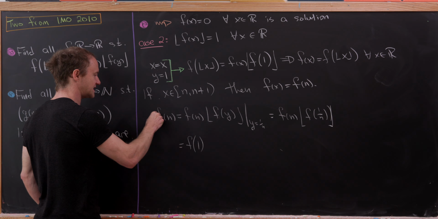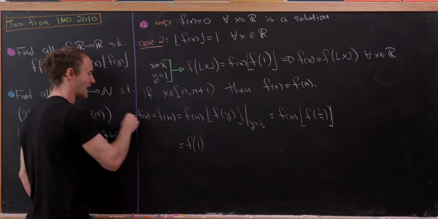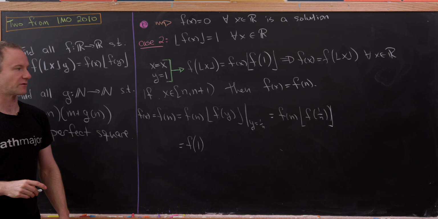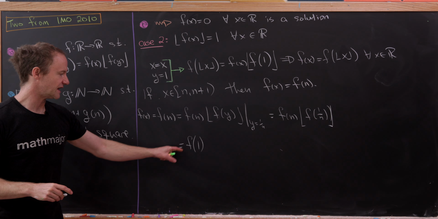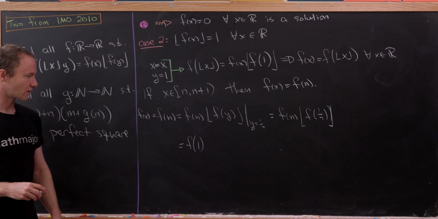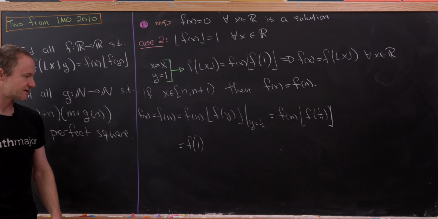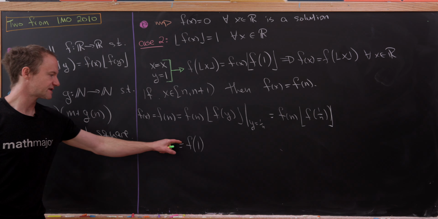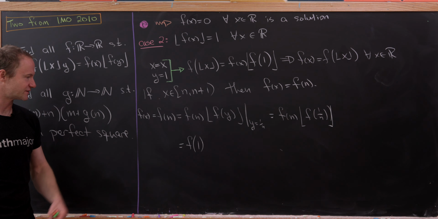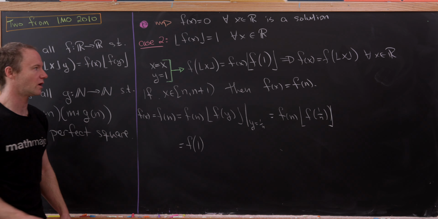Now we can extend this, and we have f of x is equal to f of n if x is on the interval from n to n plus 1. But then in turn, that's equal to f of 1. So in other words, we have a constant function. And our constant function is simply, well, whatever value the function takes anywhere, we might as well take that value to be f of 1.